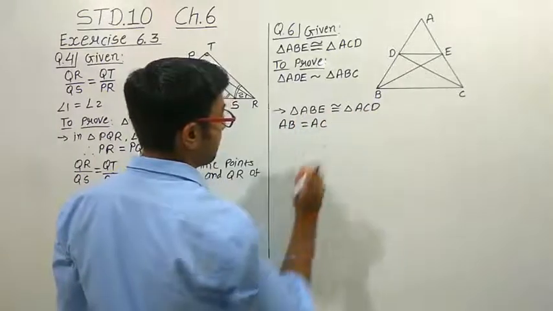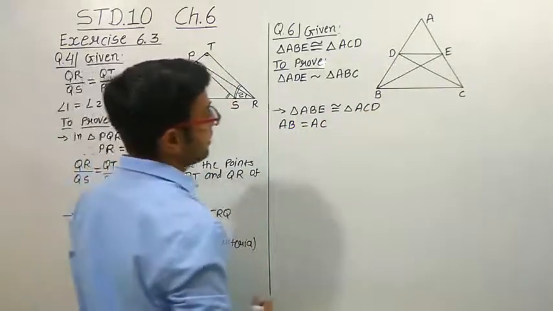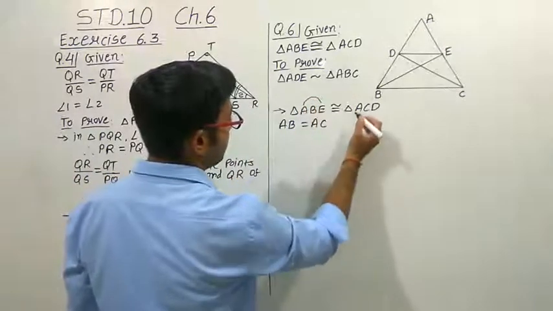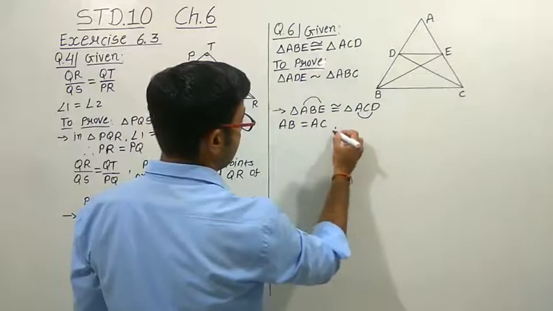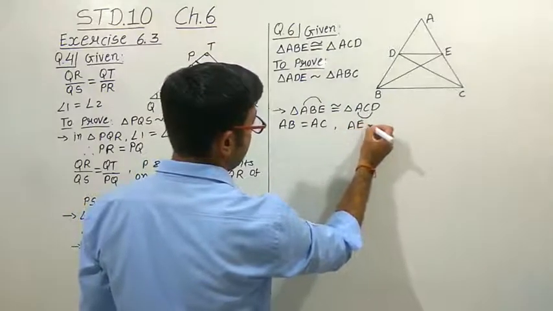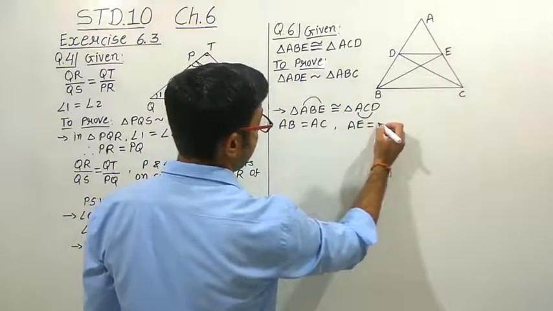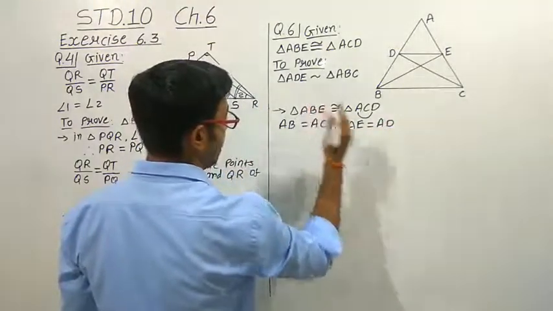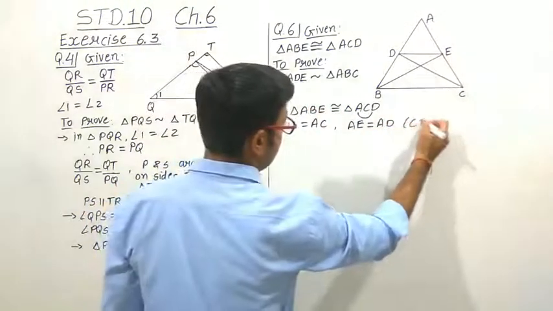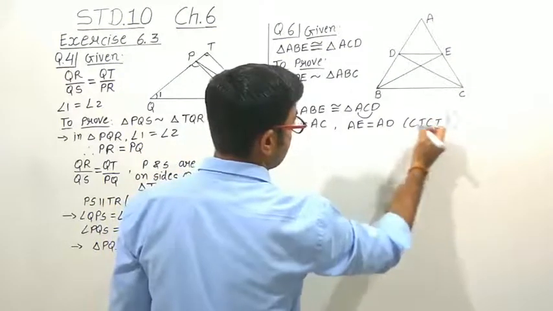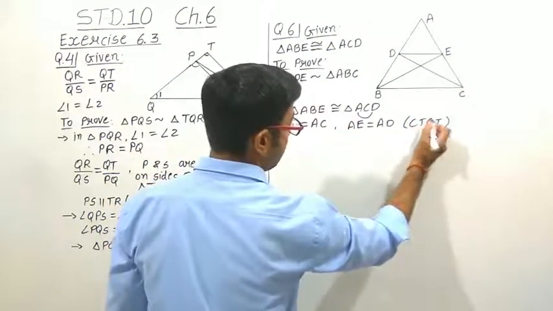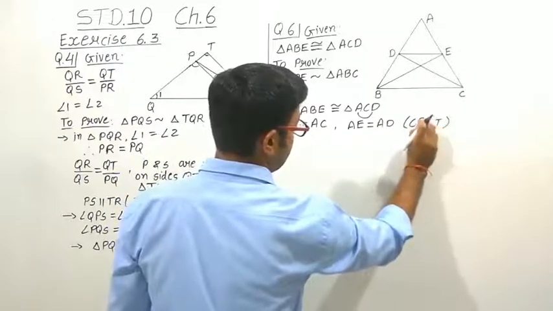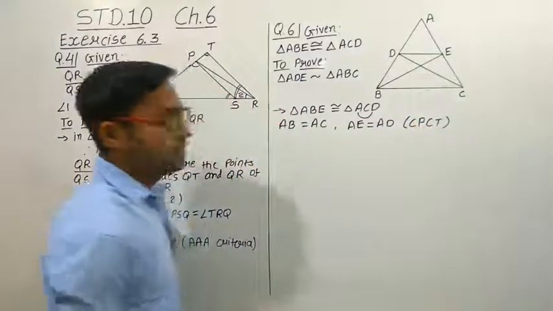In the same way, AE side will be equal to AD side, right? We can write these two things according to CPCT, corresponding parts of congruent triangles.